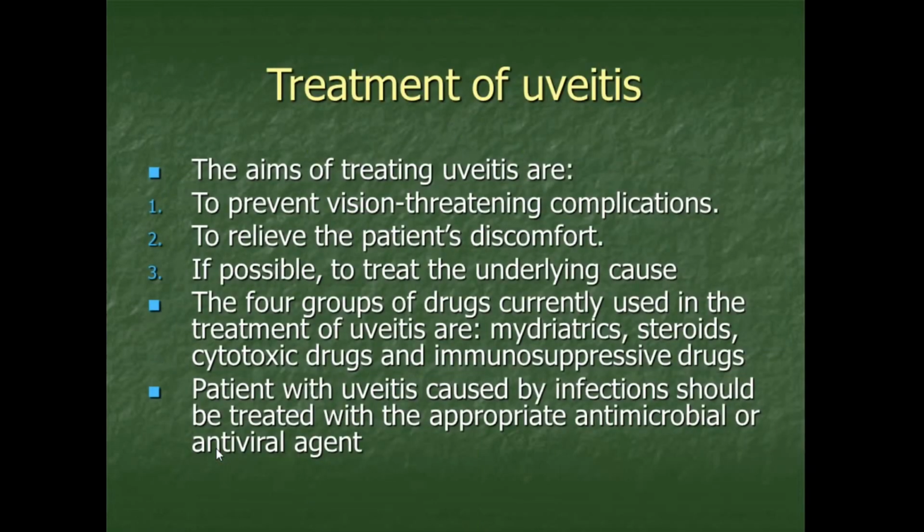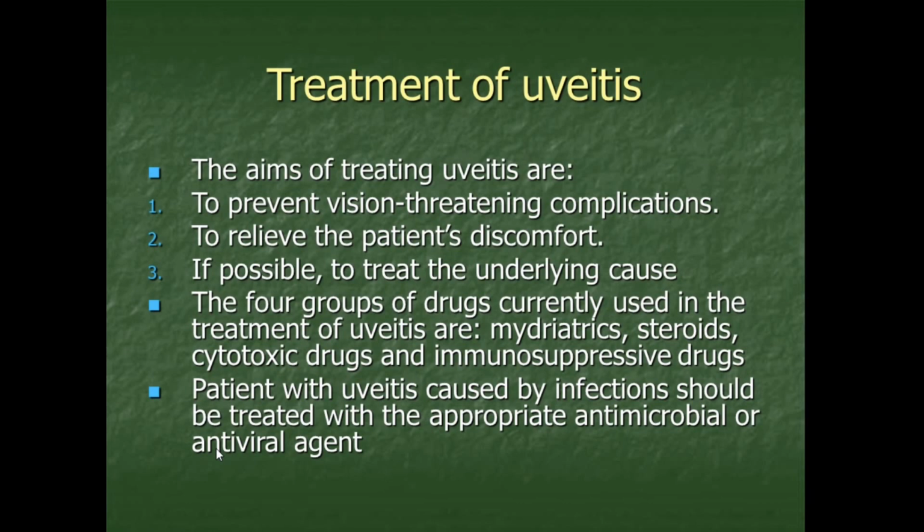The treatment of uveitis. Usually the aims of treating uveitis are to prevent vision-threatening complications, to relieve the patient's discomfort, and if possible, to treat the cause of the uveitis.